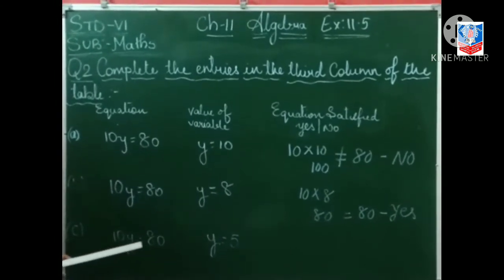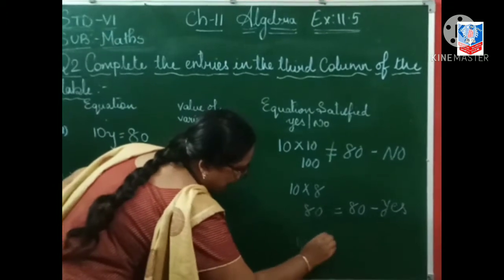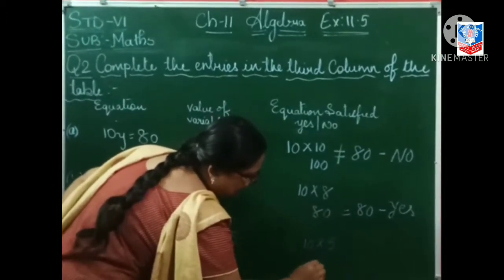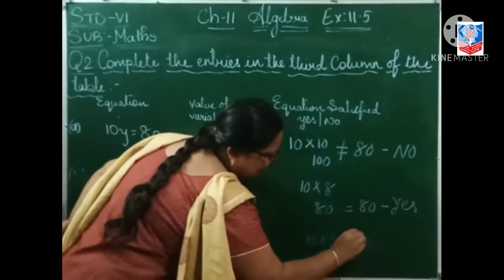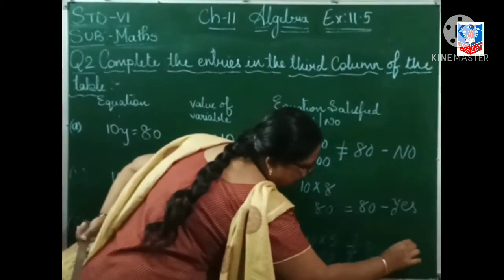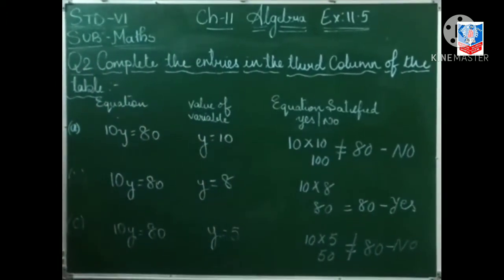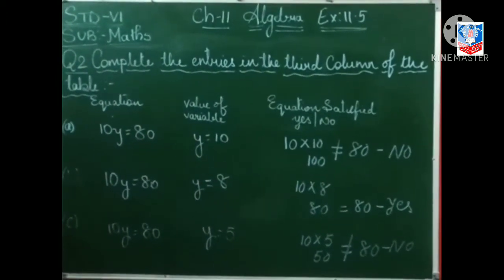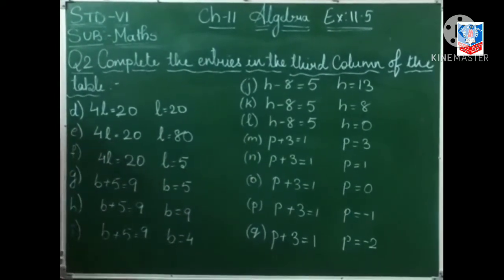So 10y is equal to 80. Let us check. 10 into 5 is 50 and our right hand side is 80. So this is not satisfied. Okay? Understood? This is your homework.